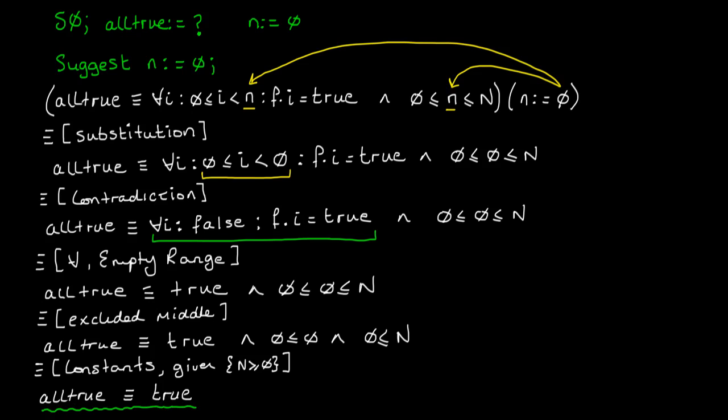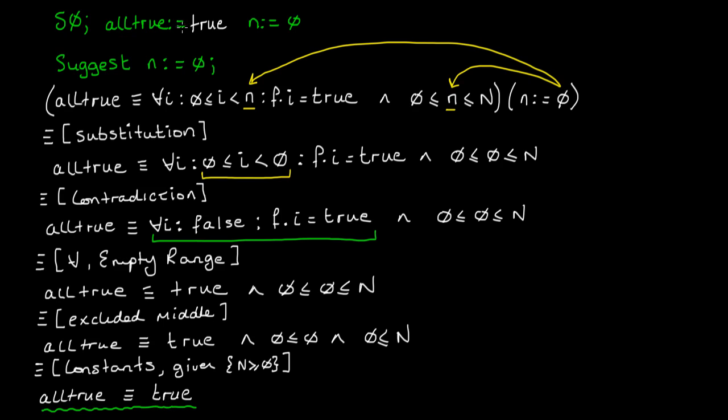So we can set that up here now, and we can say that all true at the beginning of the program should be equal to true. And we did that by substituting the value in for n. We said that it makes sense to set n equal to 0, and when we substitute that in, we get out the value that all true should be.